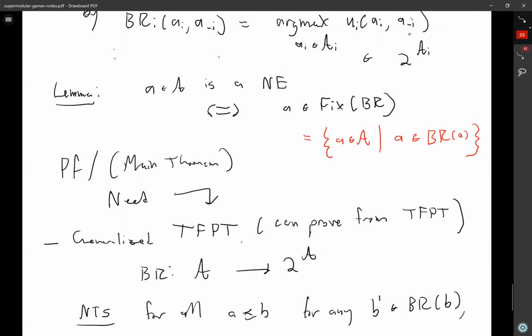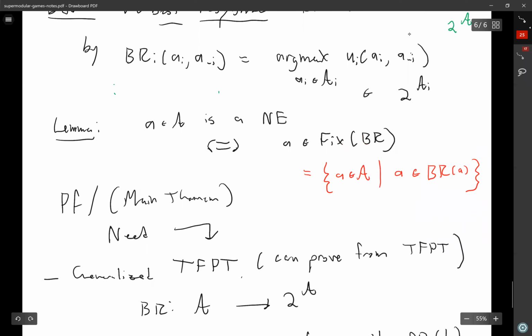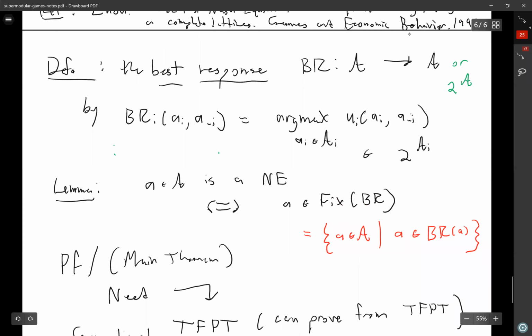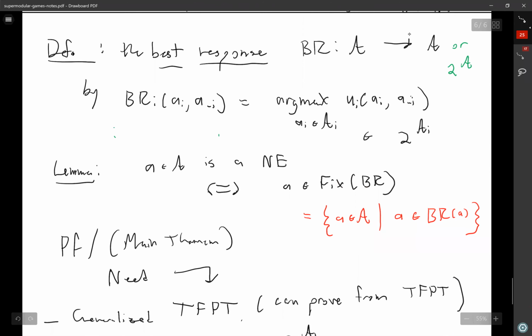So this kind of gives you a sketch of the proof. And there is a notion of being a fixed point, for example, if you don't have a monotone function from A to A, but it's actually from A to the power set of A. And that's just saying it's the set of A such that A is an element, and not equal to, but is an element of the best response of itself.